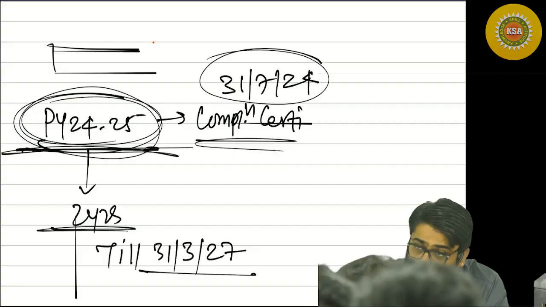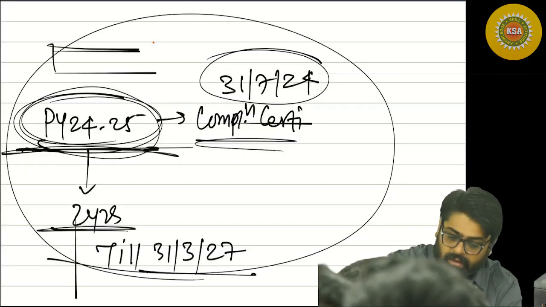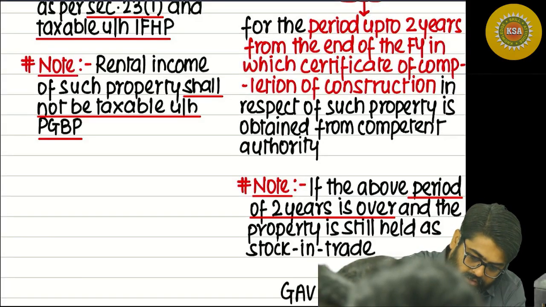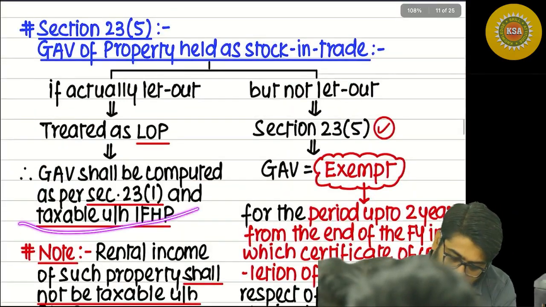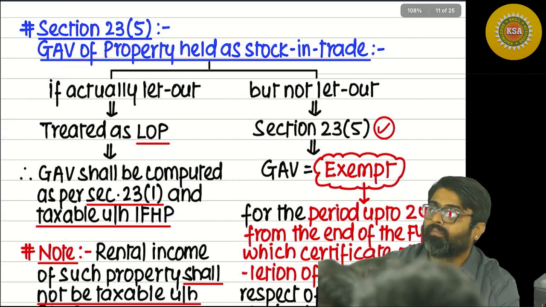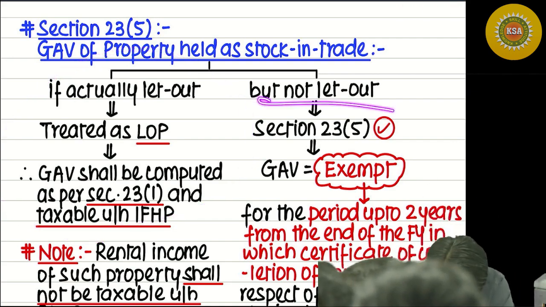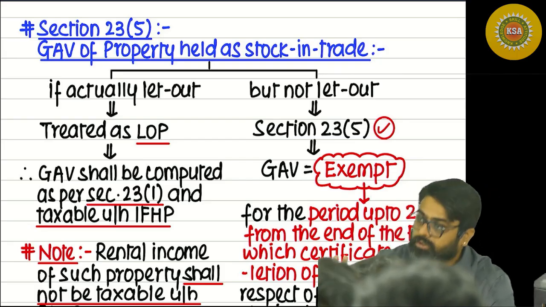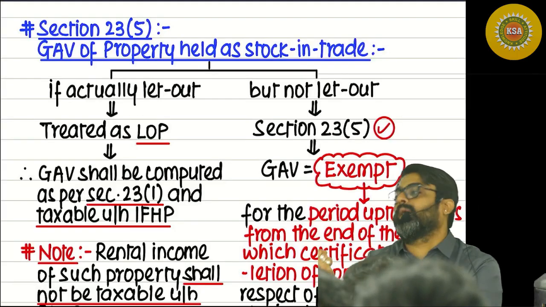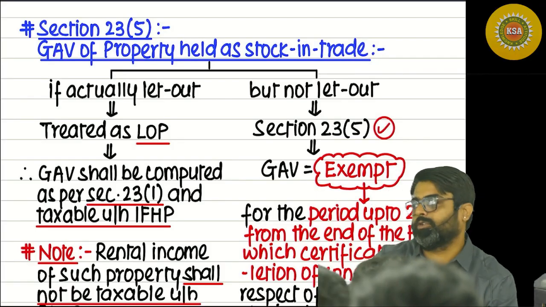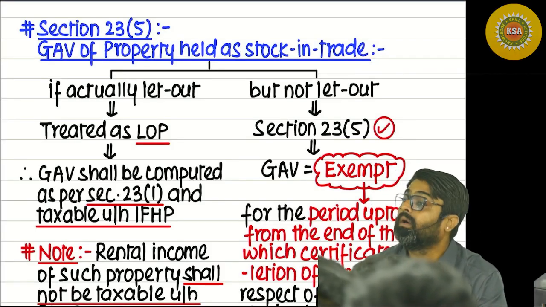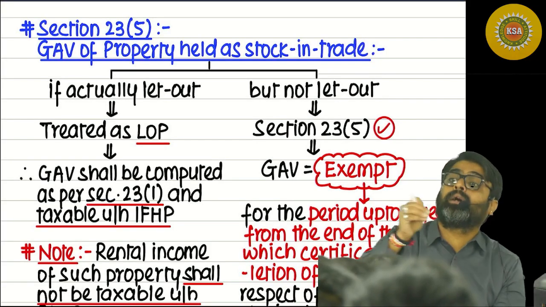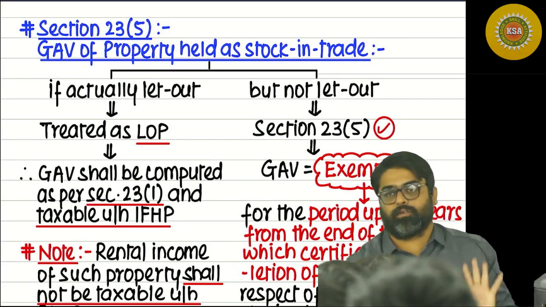But remember, during this period, if you let out the property, then the property is treated as let out property only, no? But if you don't let out the property, you keep the property as stock in trade, not exploiting the rent earning capacity, then at the most we can give you the exemption for the year of completion of construction, and after that year for 2 more years.